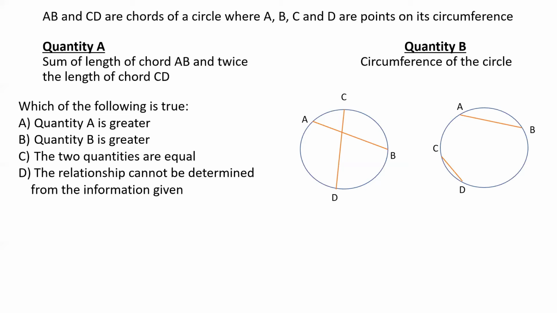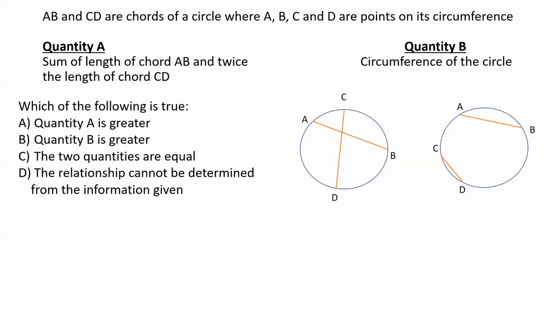But one of the things that we need to find out before we jump to conclusion D is what is the limiting amount on quantity A? By that I mean, is there a maximum possible value that quantity A can take?